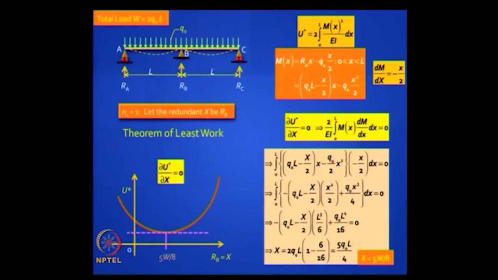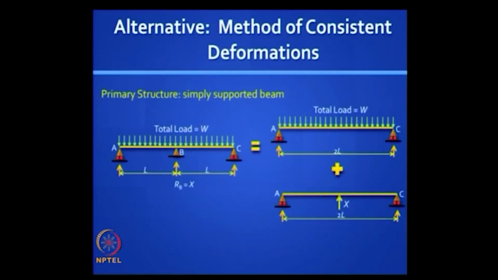Now there is another way of doing the same problem, and that is the method of consistent deformation. We choose the same redundant X as the support reaction in the middle support, and then we release that reaction. How do we release it?